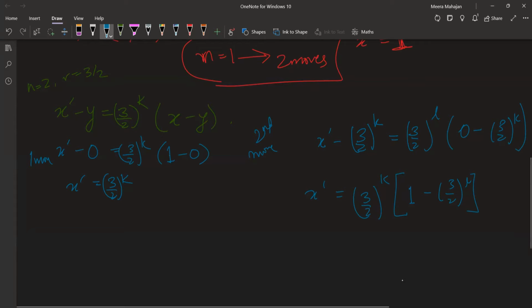And we can't really win in two moves anymore. We have to proceed. Let us go to the third move.